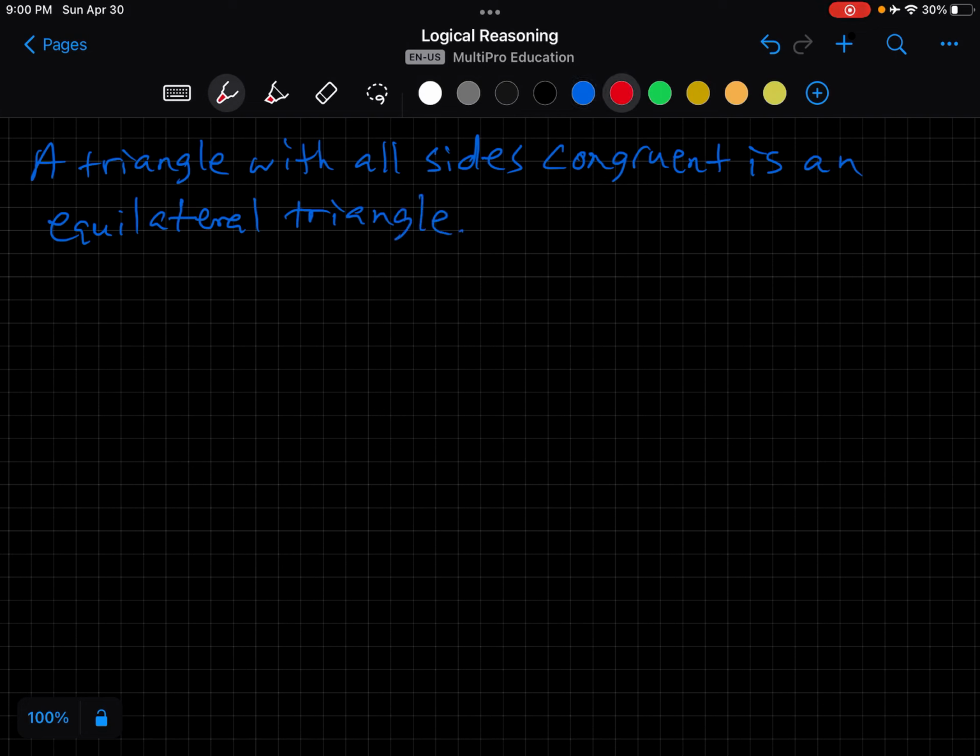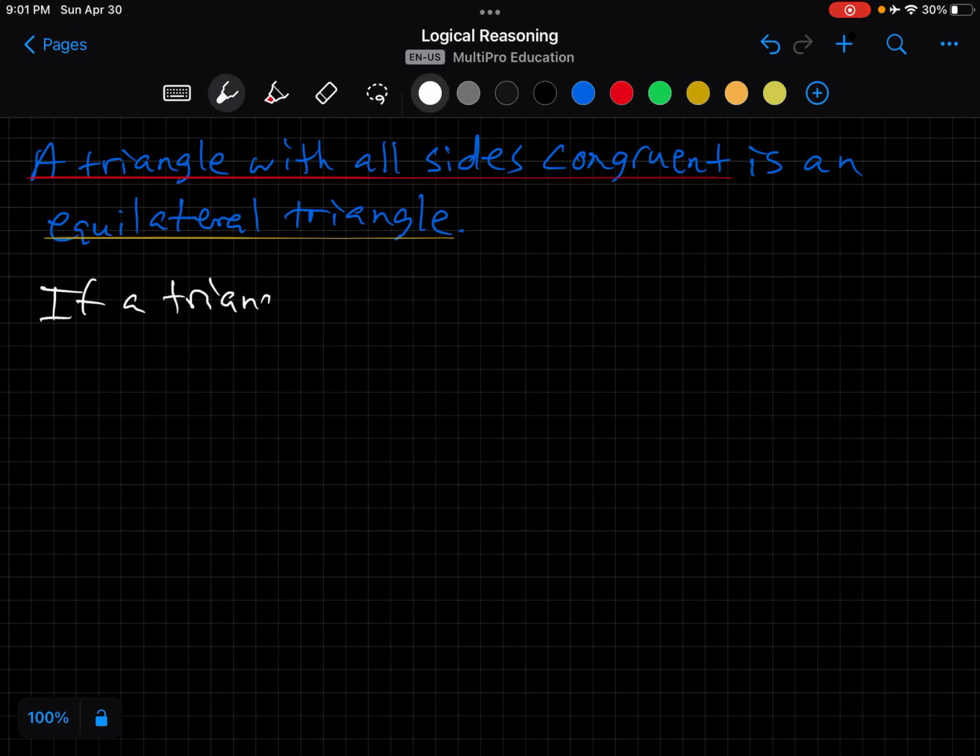All right. So what would be the hypothesis? If there's a triangle with all sides congruent, that would be the hypothesis. So then what would be the conclusion? It's an equilateral triangle. All right, so let's write this in if-then form.